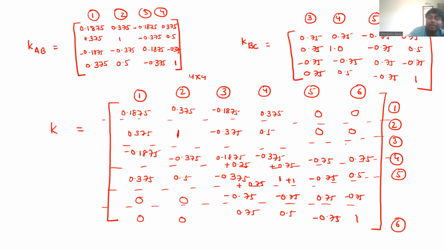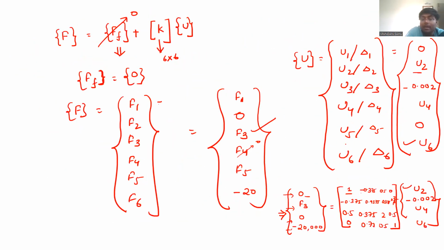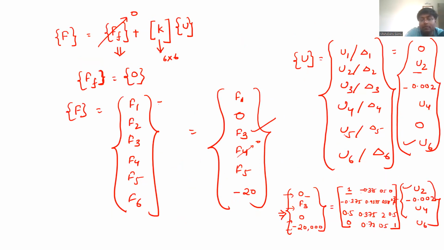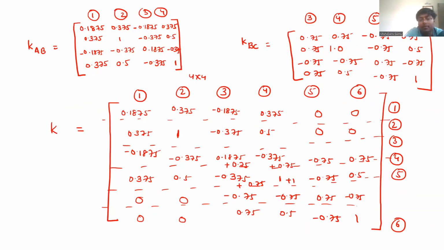But you have eliminated U1 and U5, so in that way this 0.375 and 0 you can eliminate. Are you getting it?